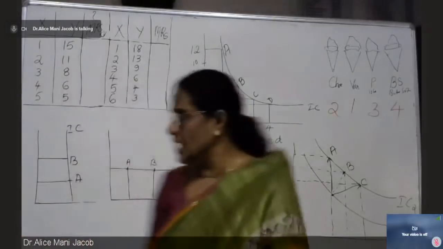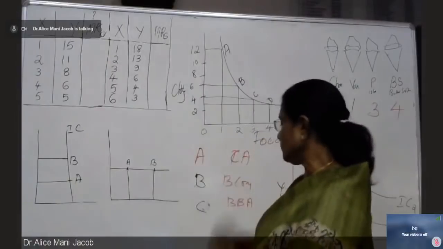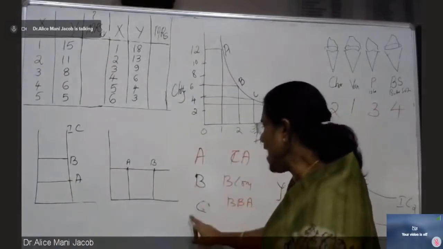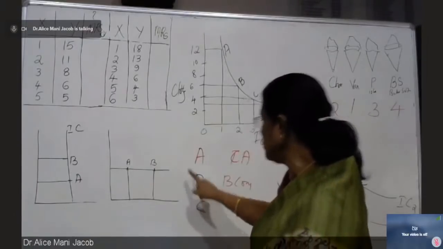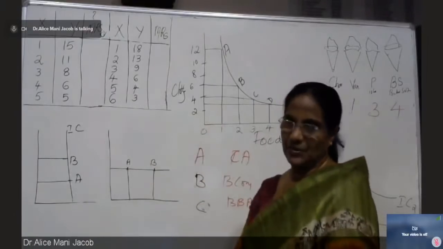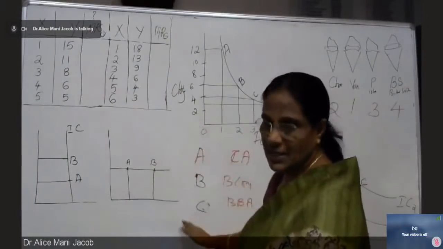You will choose Chartered Accountancy, because A is preferred to B and B is preferred to C. If you are given B and C, which one would you prefer? You will prefer B to C, naturally, because your preference order is like this.